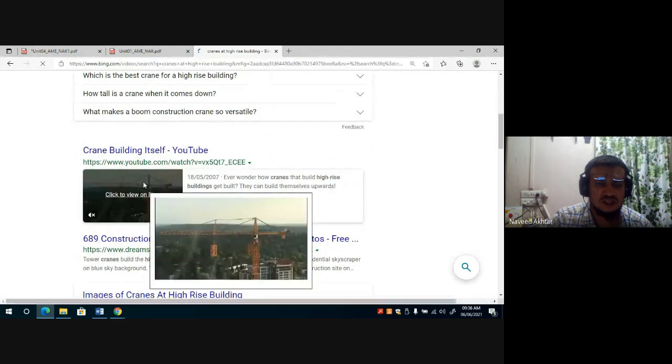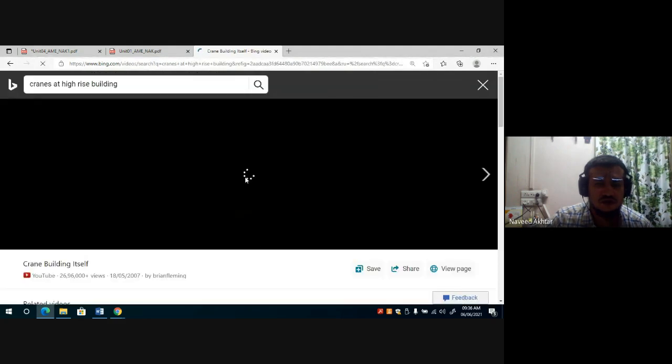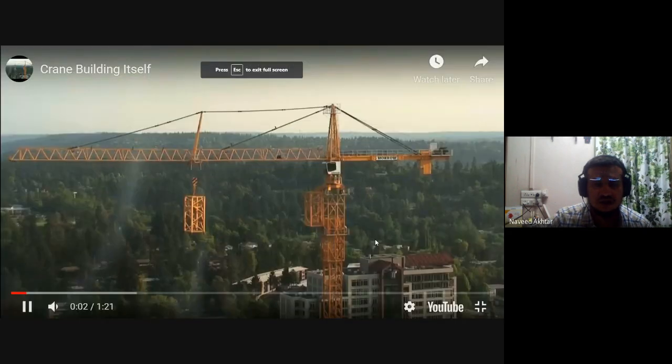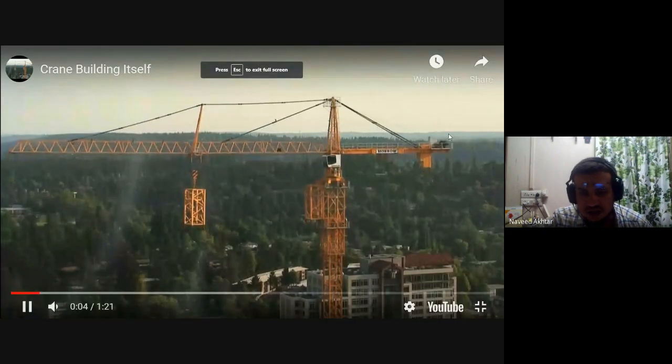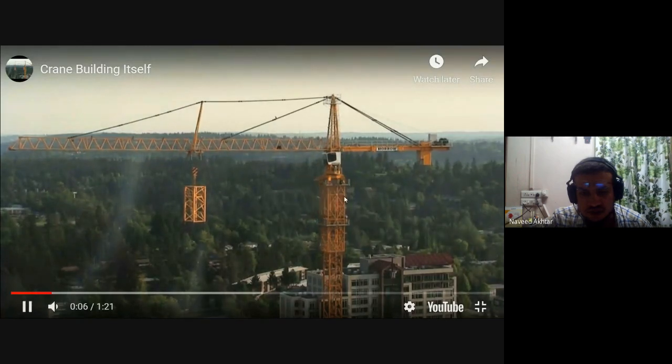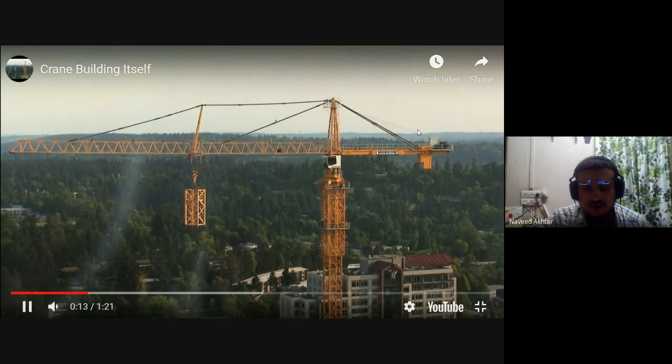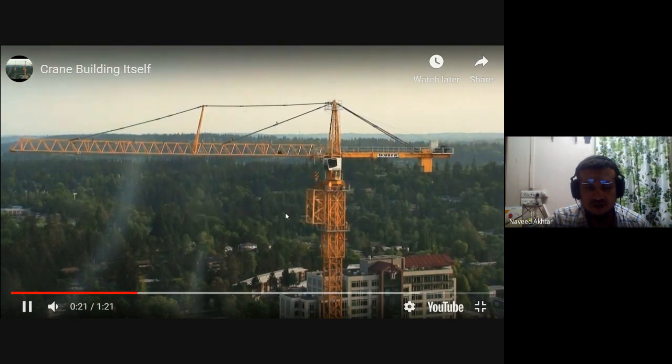So you can see this video of the crane. You can see here the crane is going up and up, and the installation is going on. The back side of the crane is the counterweight, and here you can see the frame is lifted by the crane and the installation is going on.